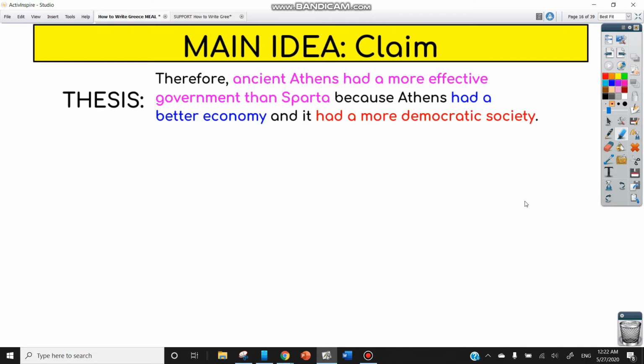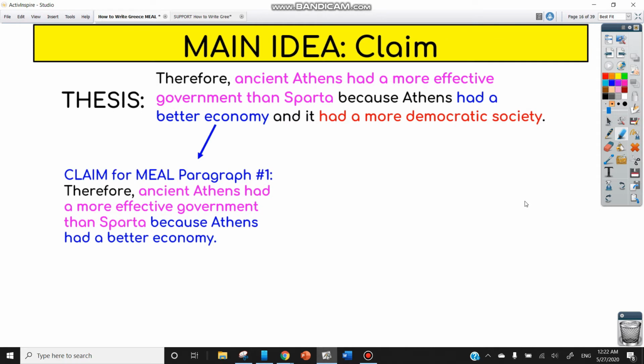I'm going to walk you through how to turn this opinion from the thesis and these reasons and divide them into separate claims for separate meal paragraphs. So right there you can see the reason about a better economy becomes the claim for meal paragraph number 1. You can also see that the opinion that you wrote, the answer to the question right here, you're going to start the claim in the exact same way.